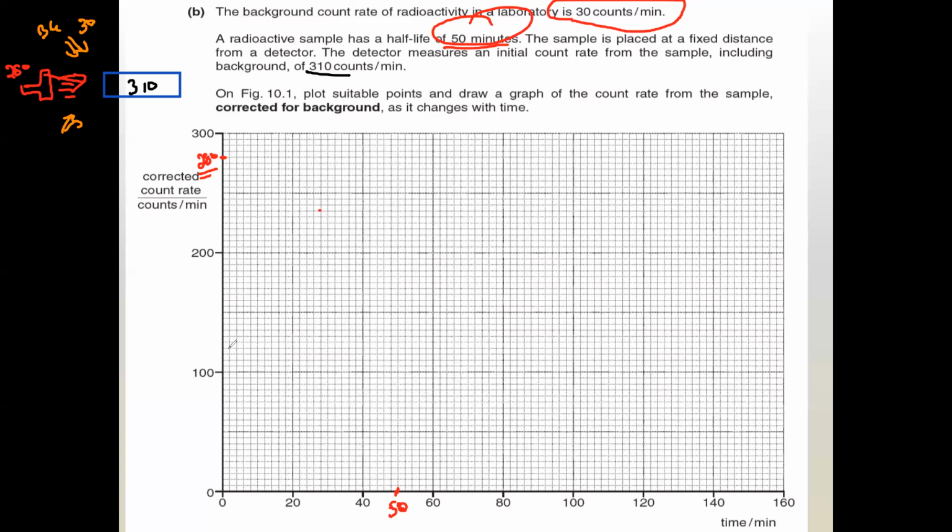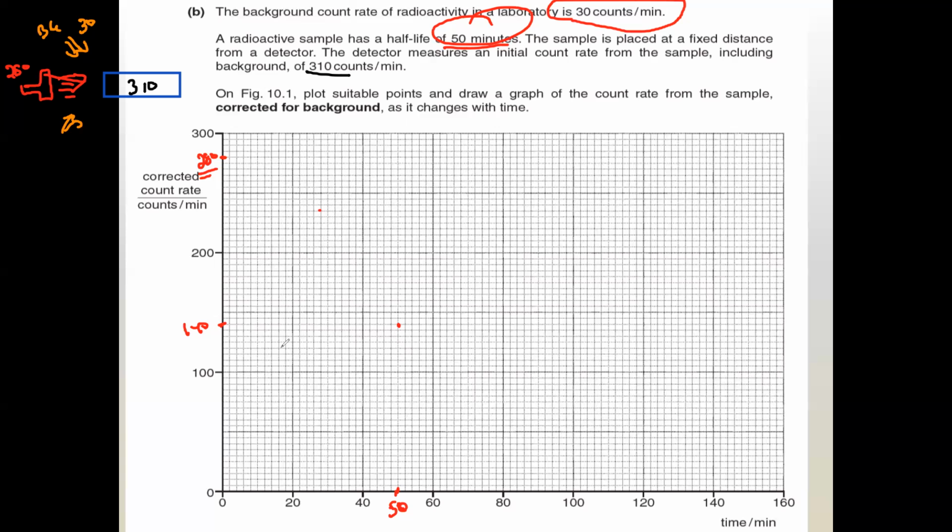Half of 280 is 140. This is 150, so 2 boxes below that will be 140. So at time 50, this will be 140. So it will be here.